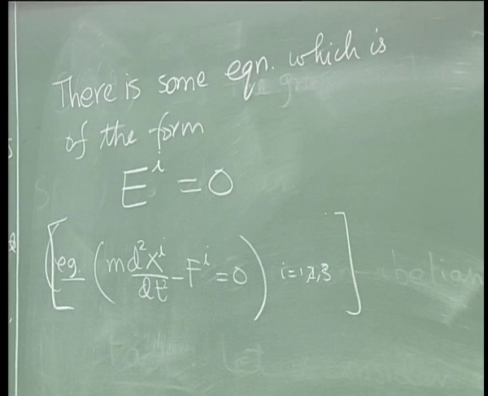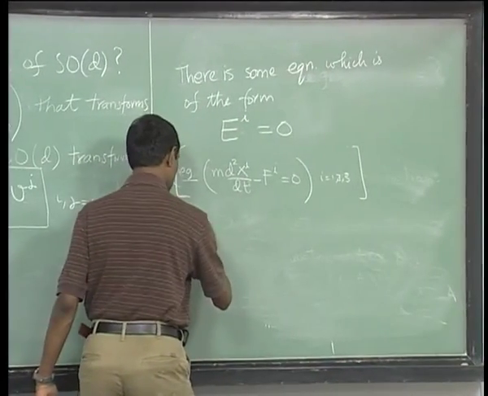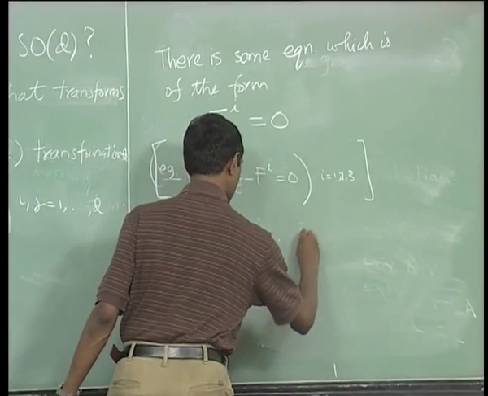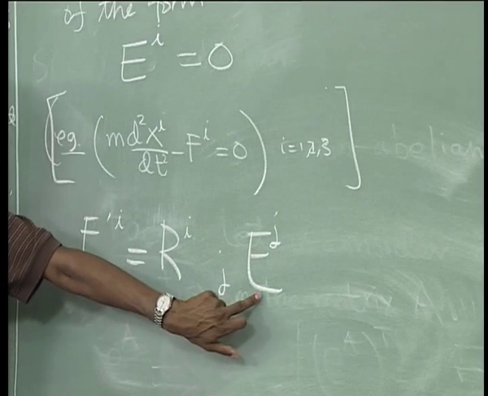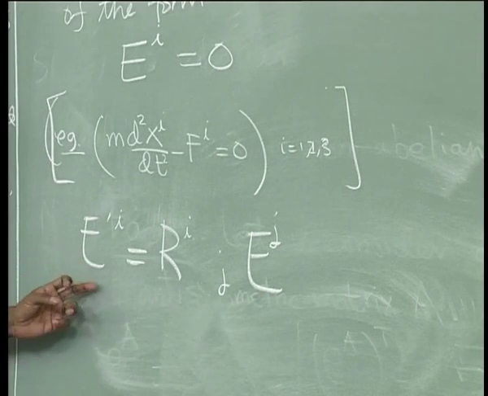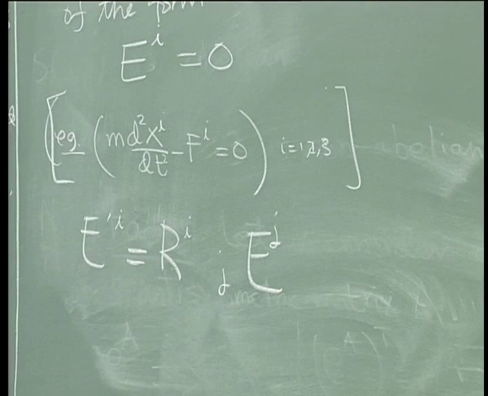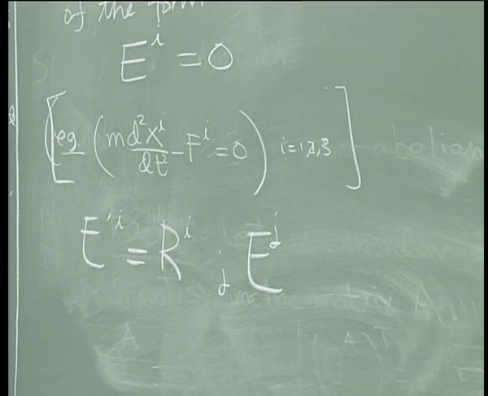The advantage of saying that this is a vector equation is that under this transformation, that equation itself transforms this way. So, E prime i would be R_ij E_j. Now, if we are given that E_j equal to 0, and all these E primes are just linear combinations specified by the entries in the rotation matrix, so, if E_j is 0, it necessarily follows that E prime i is 0.